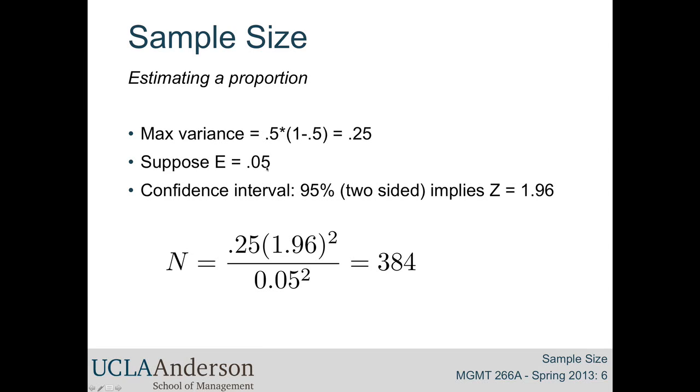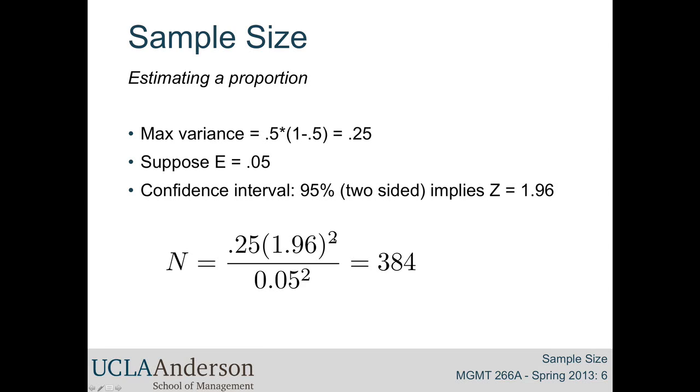And E is my margin of error here. Now remember, a proportion is between 0 and 1. It's a decimal fraction, right? So 0.6 means 60% of the people use the feature. So E is pretty easy to determine as an input. So in other words, here I'm going to be plus or minus 5%, right, or 0.05. I'm going to again use this 95% interval. If I put those numbers in the calculation, here's my E, so it's E squared in the denominator.